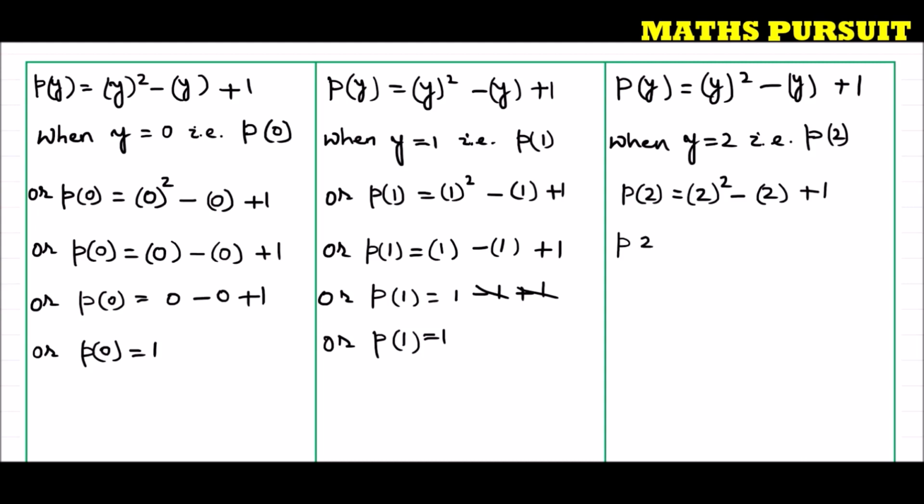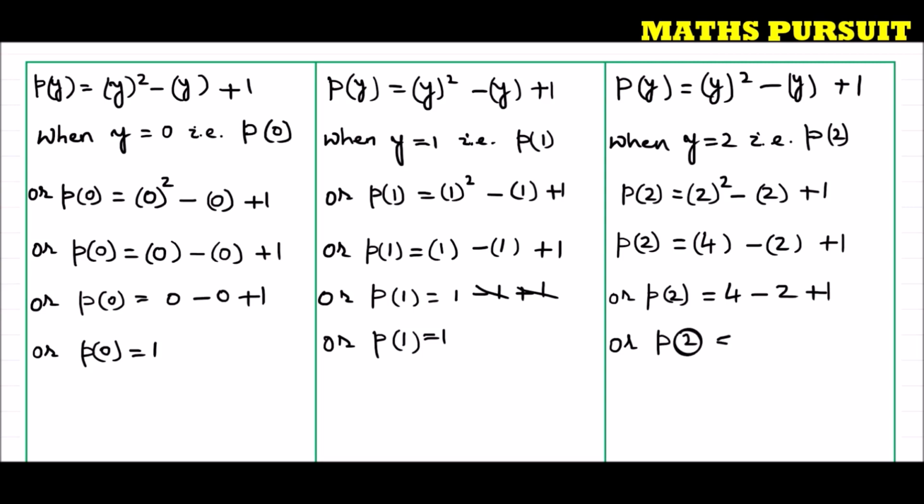Similarly, P(2) is equal to 2 to the power 2 is 4, minus 2 plus 1, or P(2) is equal to 4 minus 2 is 2, plus 1 is 3.